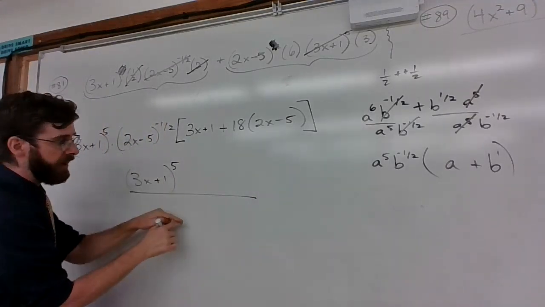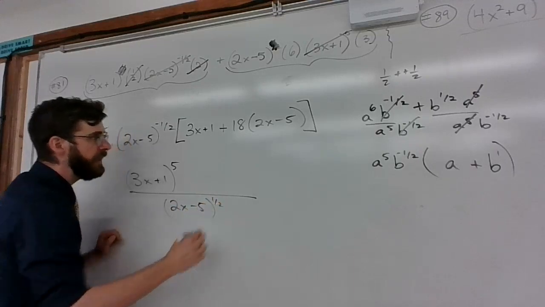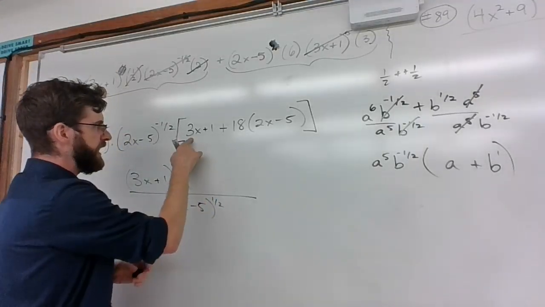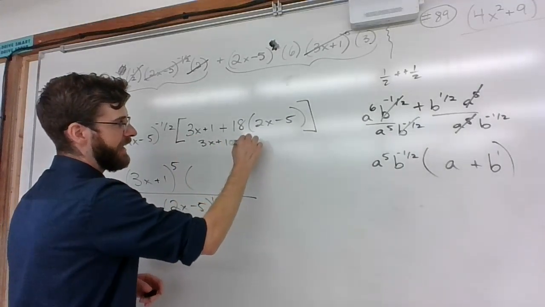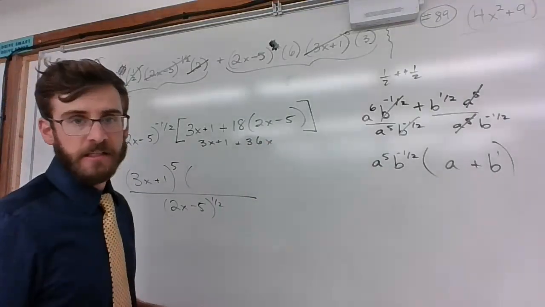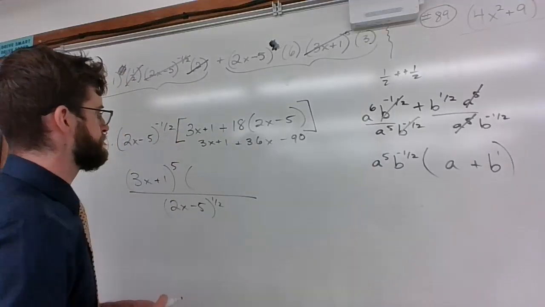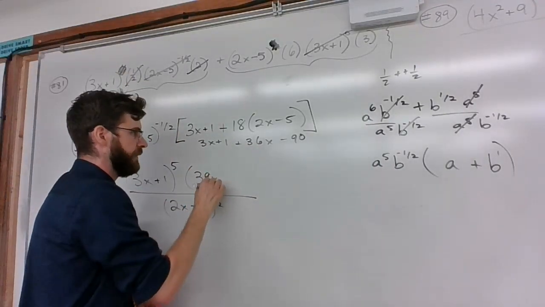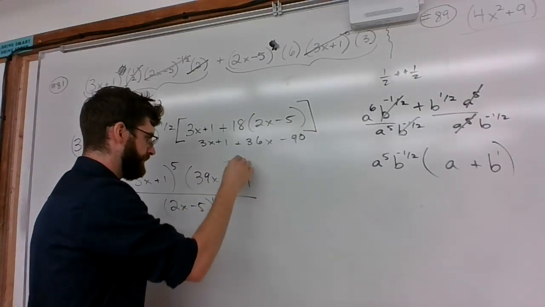This one can go to the bottom and be rewritten as a positive exponent. And then inside here, we can simplify it. So it's 3x plus 1 plus 36x minus 5 times 18 is 90. All right. Combine like terms, 39x. 1 minus 90 is a negative 89.